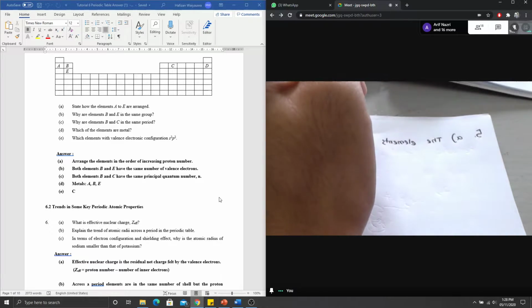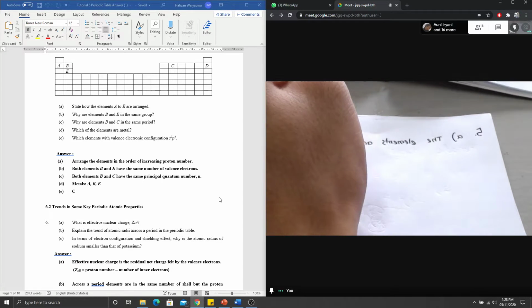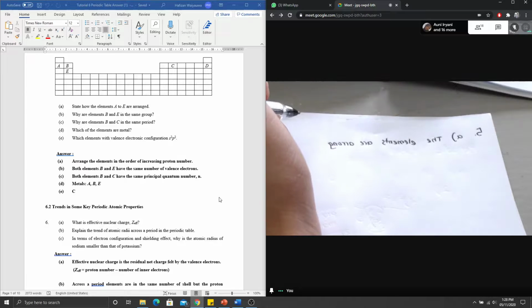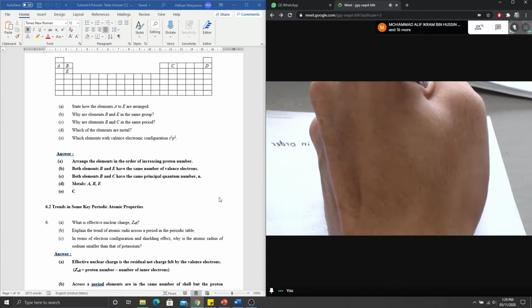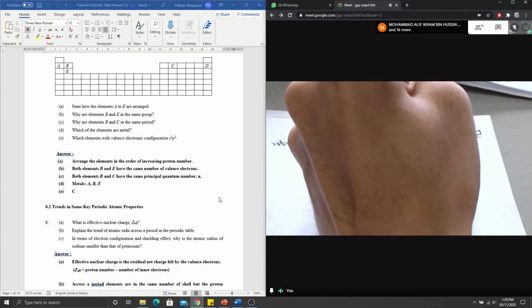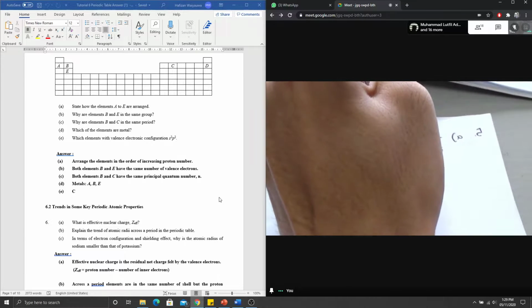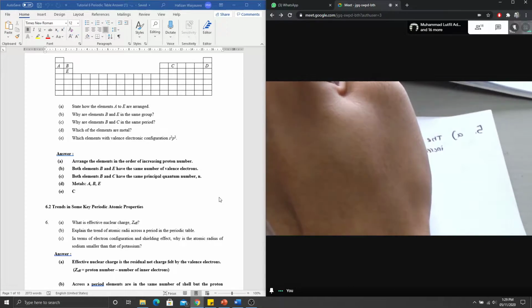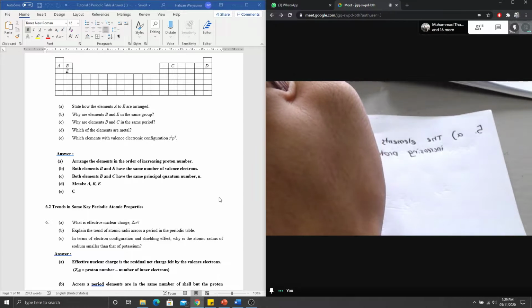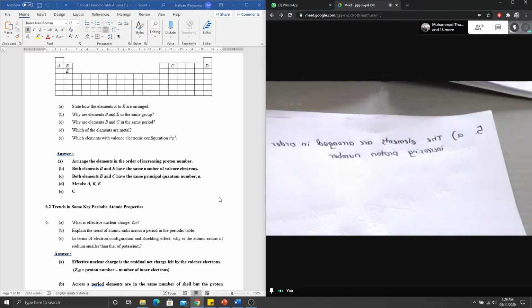The elements are arranged in order of increasing proton number.